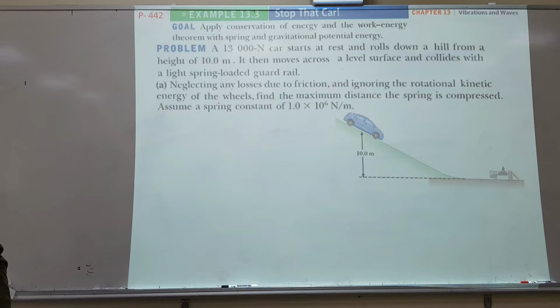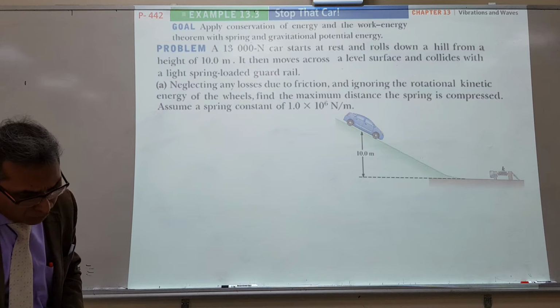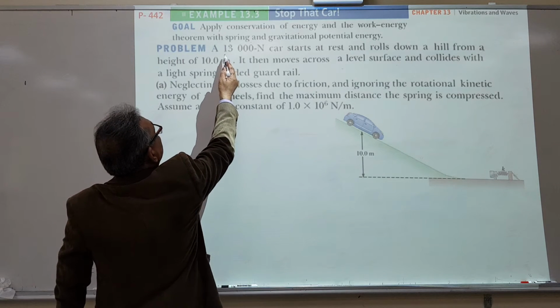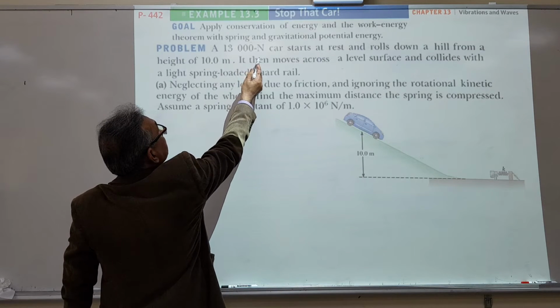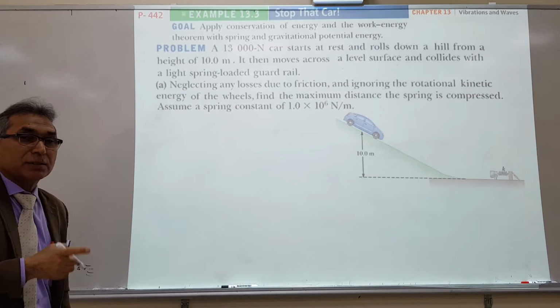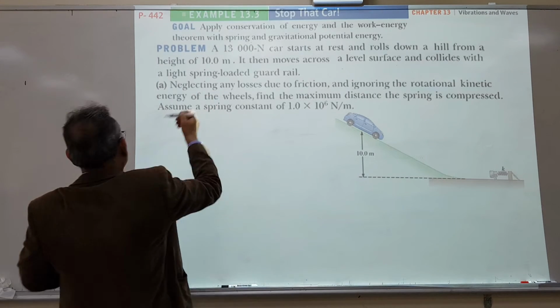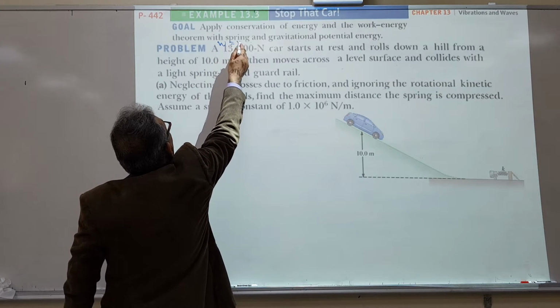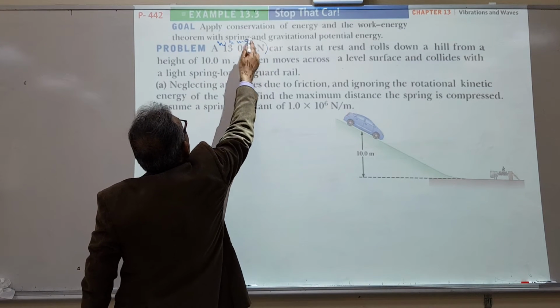You have A and B parts only. So a car, 13,000 Newton. It's not kg, keep in mind. This is not the mass, this is weight. Weight is equal to mg.